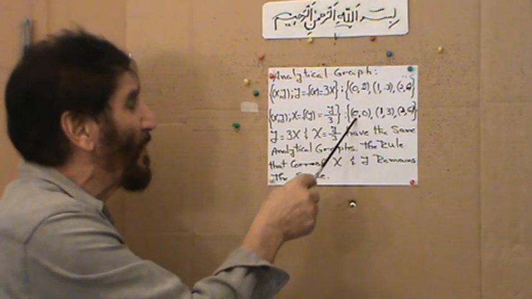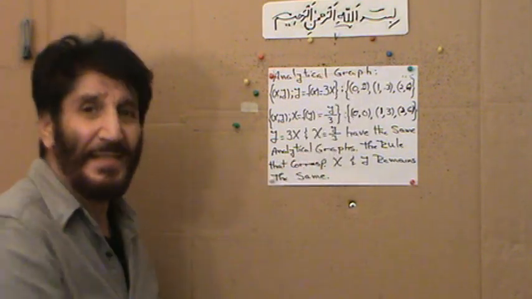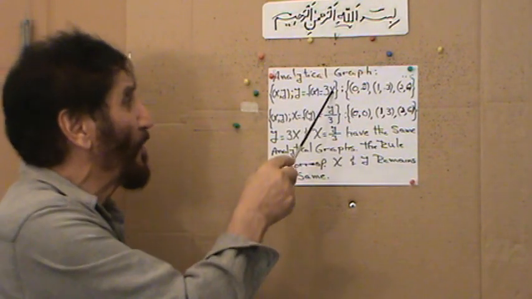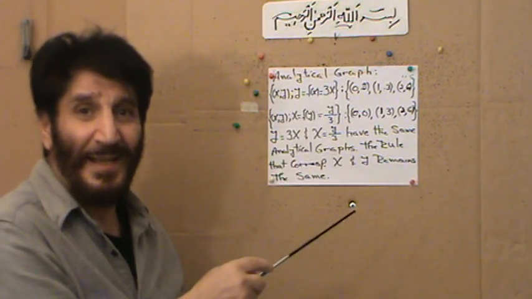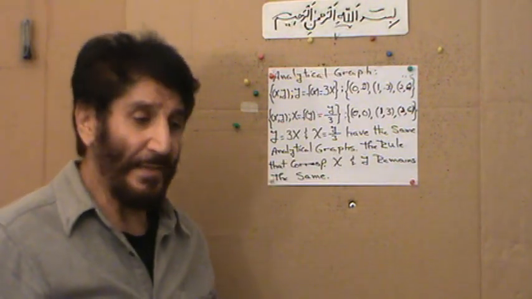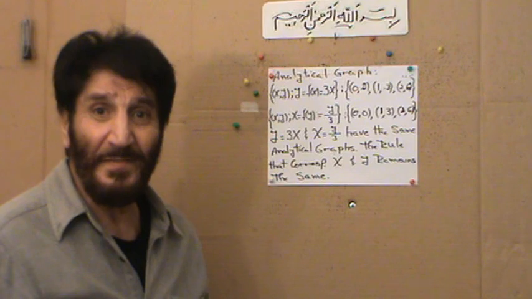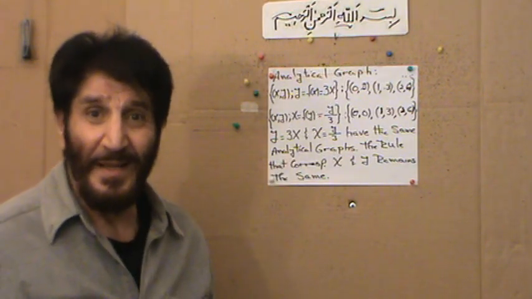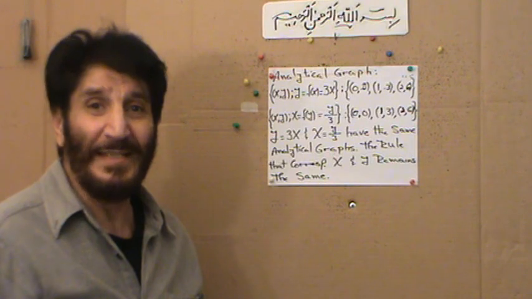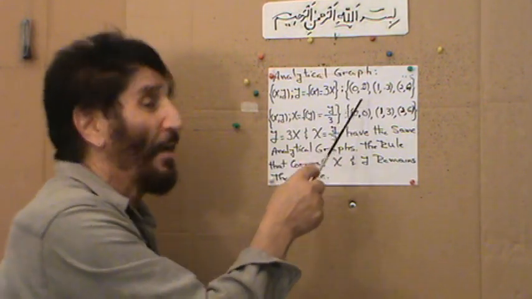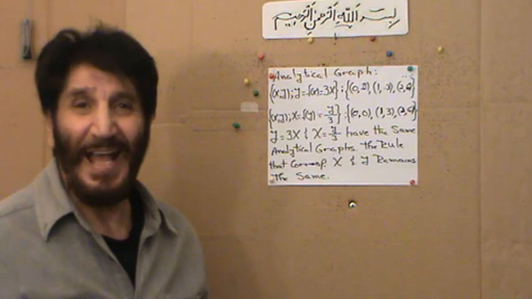Look at that, exactly the same graph. But this is using multiplication and this is using division. So in the sense of multiplication and division, these two are inverses of one another. With respect to the meaning of equality, both are the same graphs, analytically.